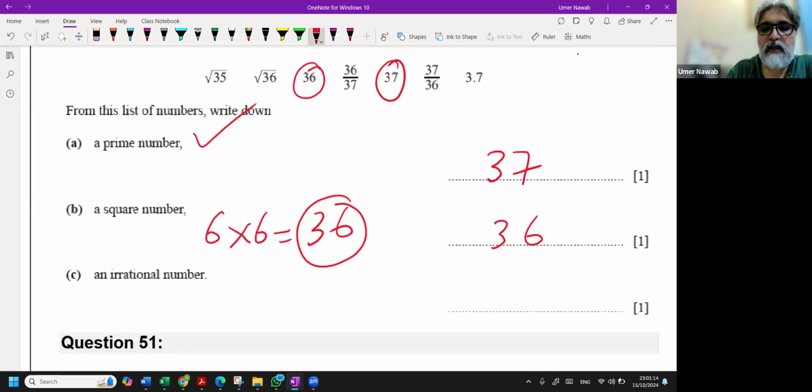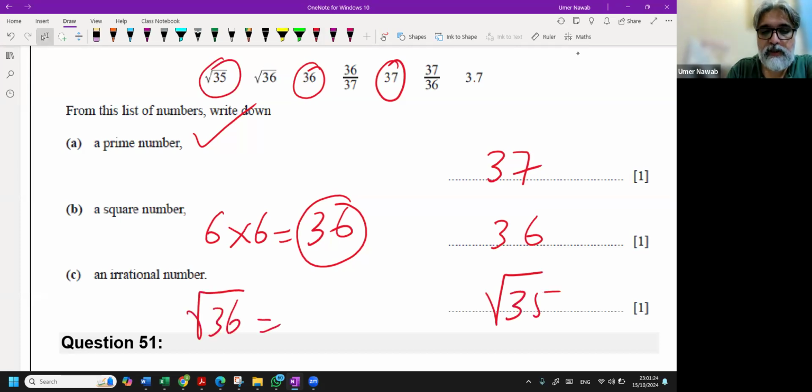Irrational number, any number like pi or square root of a non-perfect square, like square root of 35, is an irrational number, but square root of 36 gives you 6. So 6 is a whole number and it is a rational number. So don't write square root of 36. Square root of 35 is an irrational number.